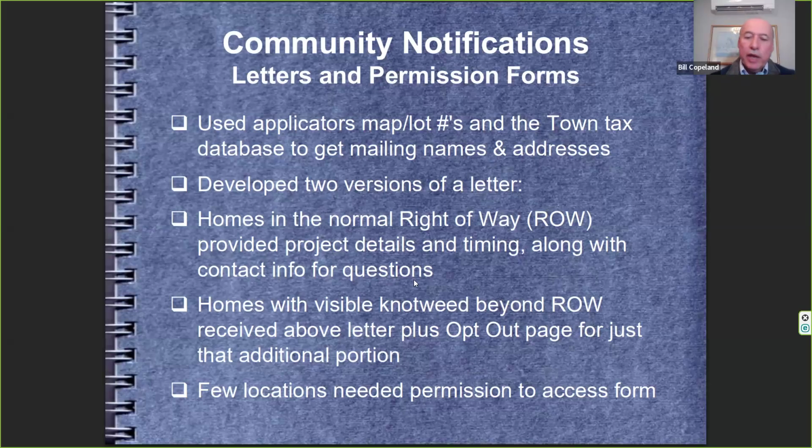And then some other locations where the applicator was going to be on their land for quite a bit of time, like along that condo association driveway, they needed a specific permission to access form that I sent to those homeowners.